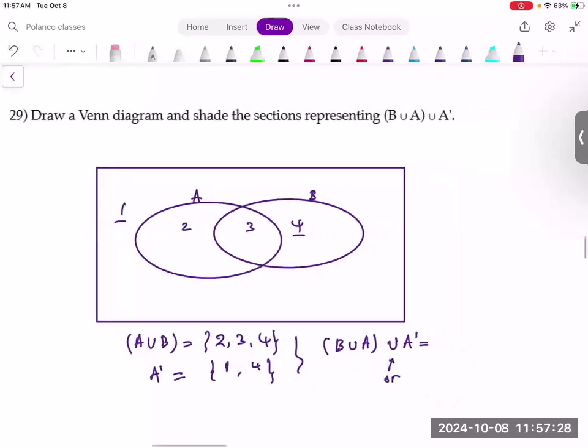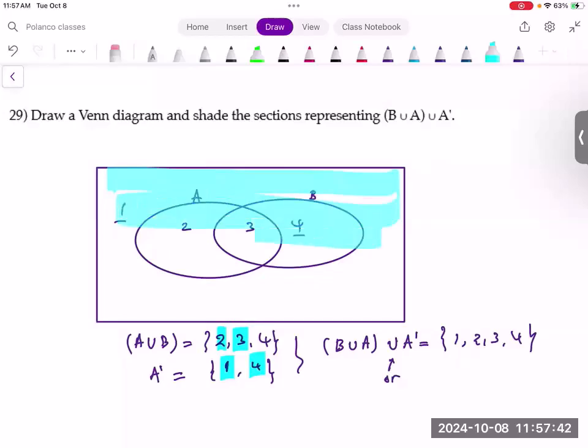So you are taking everything that you see here, all the numbers, the 1, the 2, the 3, and the 4. All right? So this is 1, 2, 3, and 4. If you shade it, obviously it's shading everything in here. So if you are required to shade this, this is the shading. 1, 2, 3, and 4, everything.